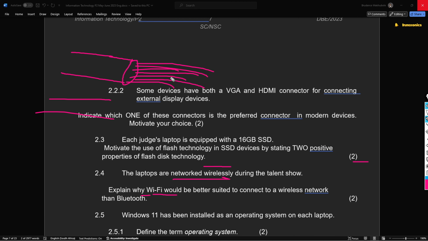Bluetooth might actually cover a small geographical area, and with Wi-Fi it might actually cover more.